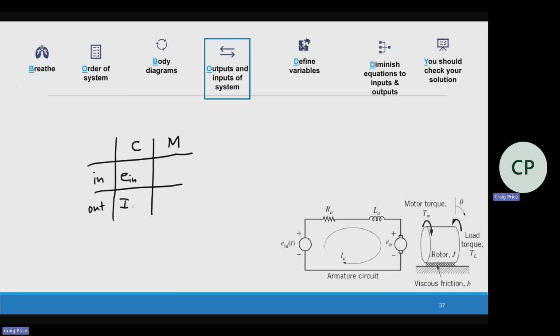Because we have the inductor, I could write it as I sub L. Mechanical, I have motor torque, and the output would be, what's the output of the rotation? Theta.